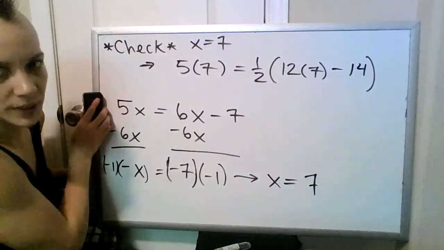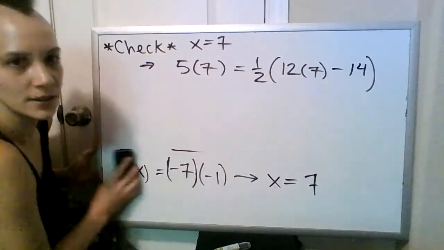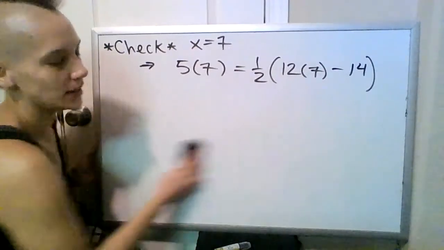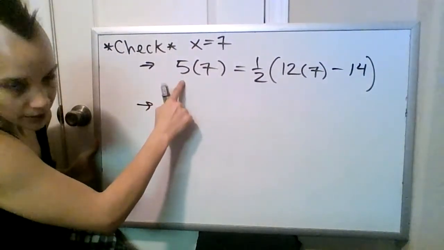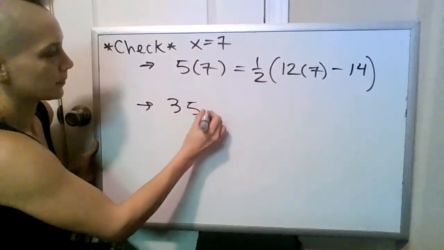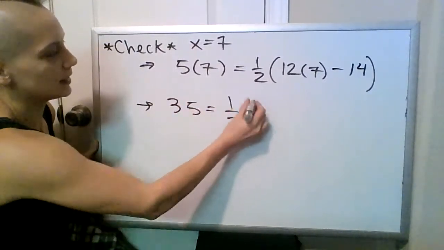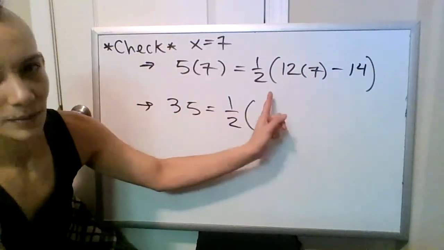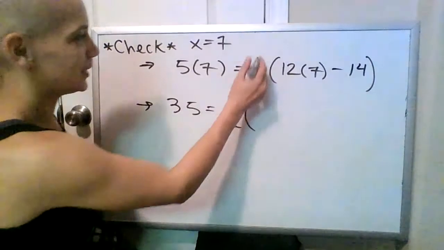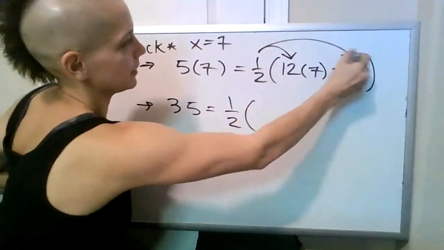Okay, I might need some help if you guys wouldn't mind shouting out some answers in the comments or something. I know 7 times 5 would be 35. Let's leave the 1/2 sitting there for now. Actually, no, let's distribute the 1/2. That would help a little bit.